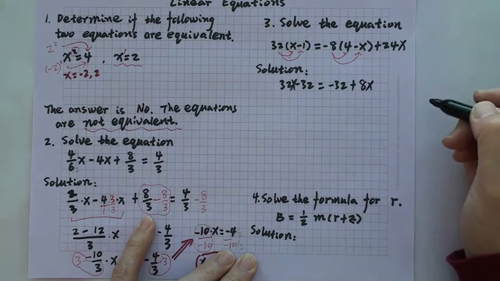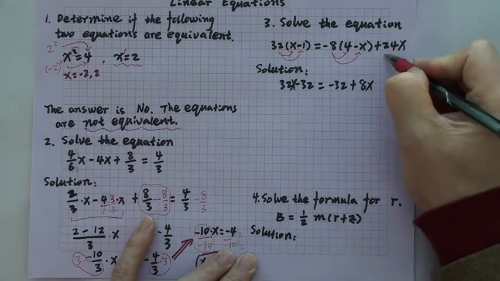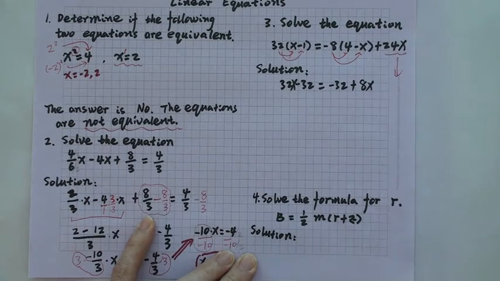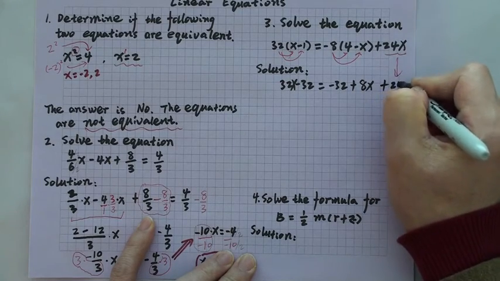Now, we didn't do anything with this one. You simply copy it down, so you have 24x.